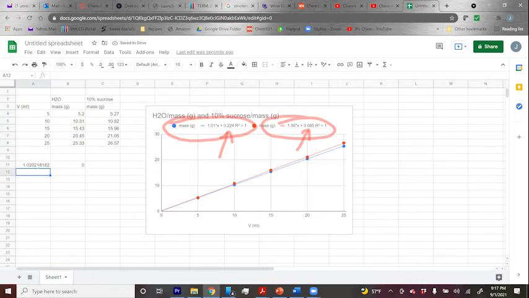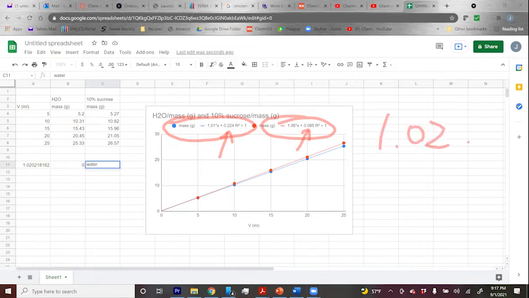So now the slope of my water is 1.02, meaning that the density of my water is 1.02 grams per mil.